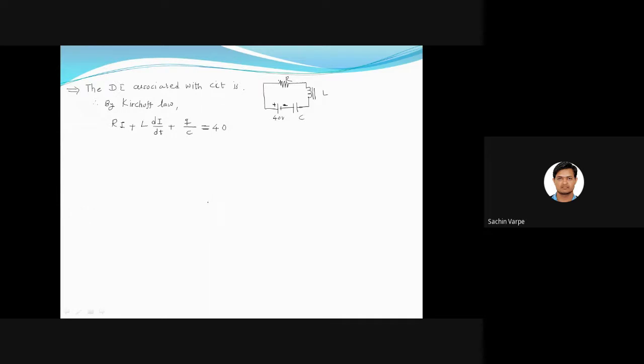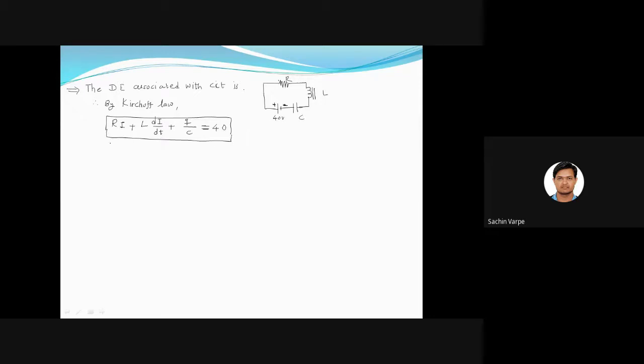Is this clear to everyone? The differential equation associated with this circuit? If anyone has any doubt in the formation of the differential equation, please ask, because this is the only important step. Later, further things are very easy once we get the differential equation.